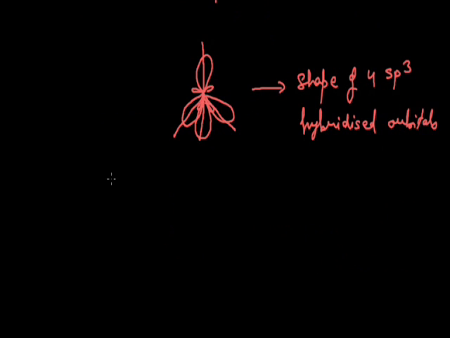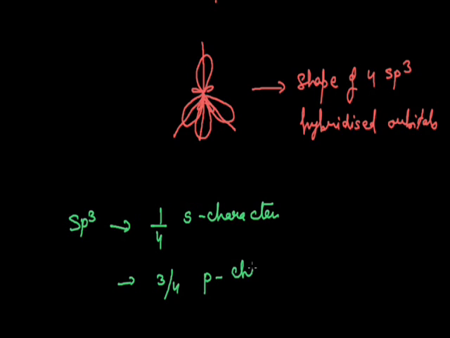formed. The shape and the energy of all the four hybridized orbitals formed would be the same. And in such hybridization, there is 1/4 s character and 3/4 p character, or else we can say 25% s character and 75% p character is found.